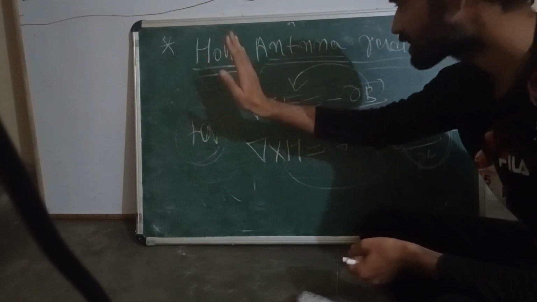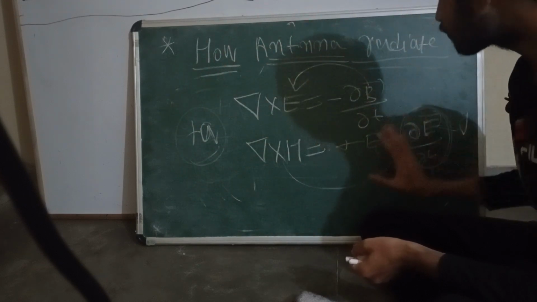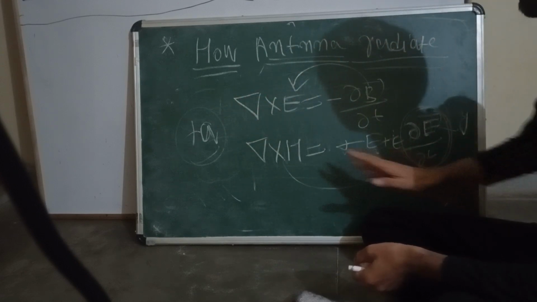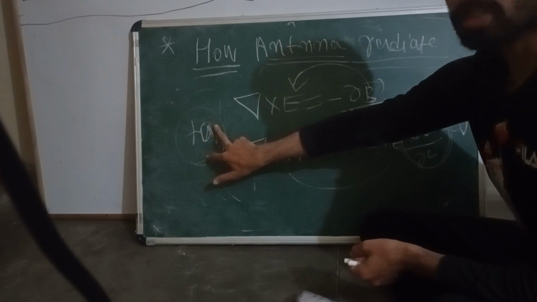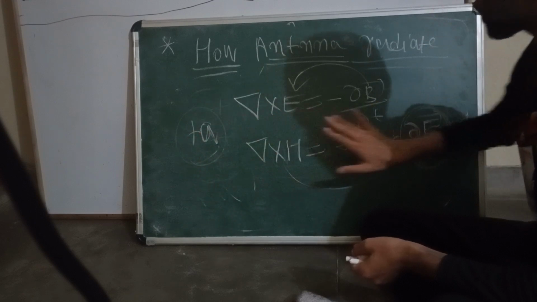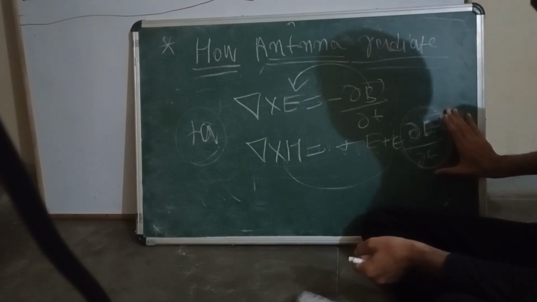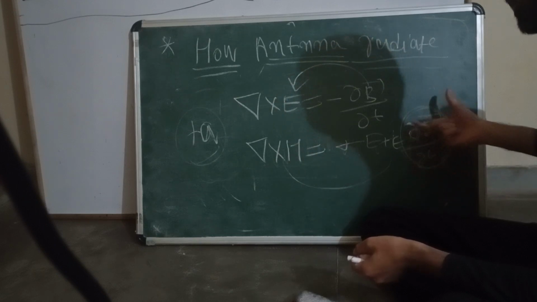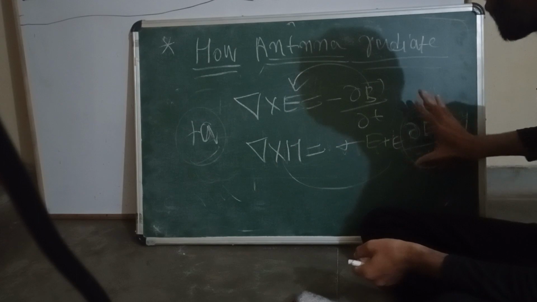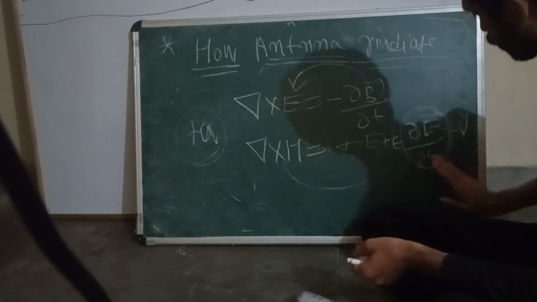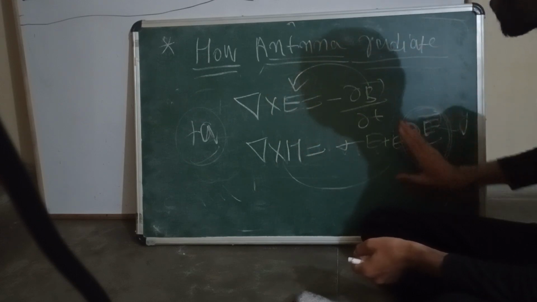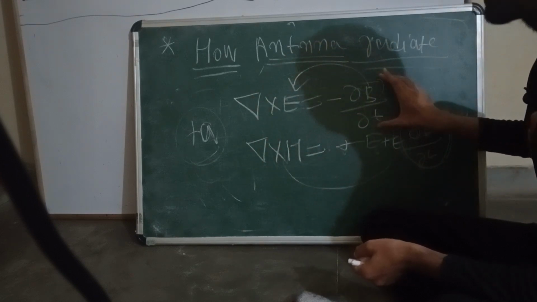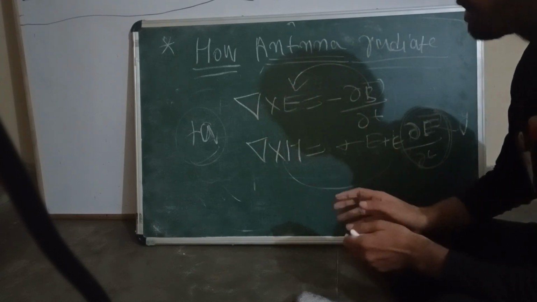Once the charge is accelerating or decelerating, with the help of Maxwell's equations we can say that if there is a change in the velocity of charge, there is a change in the electric field. So definitely it will generate an electric field, and this electric field is changing with time. This change in electric field generates a magnetic field, and change in magnetic field generates an electric field.